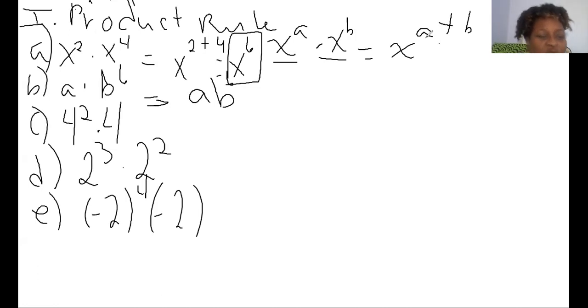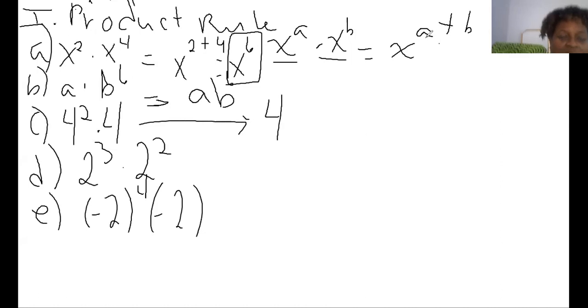C model, 4 to the second times 4. Once again, I can see that I have an imaginary exponent with 4. What is the imaginary number there? It is 1. So I will simply add 2 plus 1. That will give me 4 to the third power.